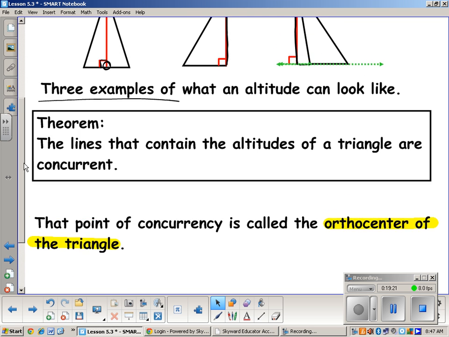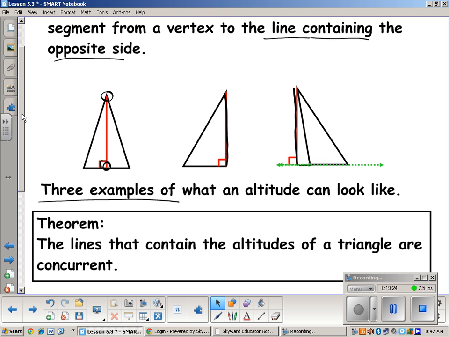Okay? And so if I tried that with this triangle right here, we'll use these red lines. So if I draw this one, and if I draw this one, and if I draw this one, and I was trying to be very careful to make sure these are all perpendicular, and we already knew that one was. They would all meet in that point right there.